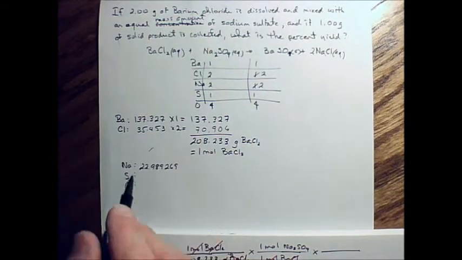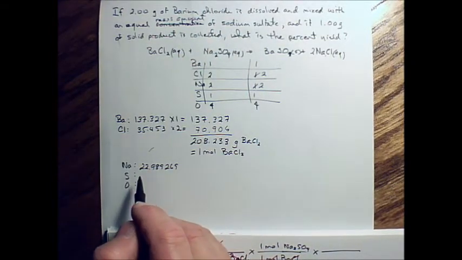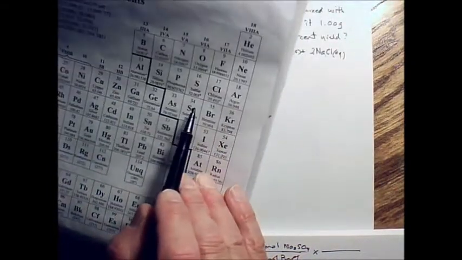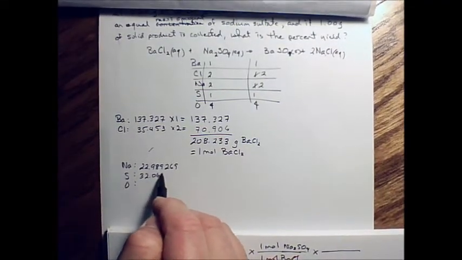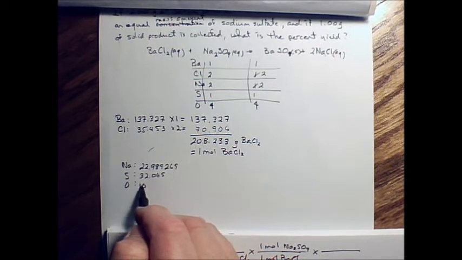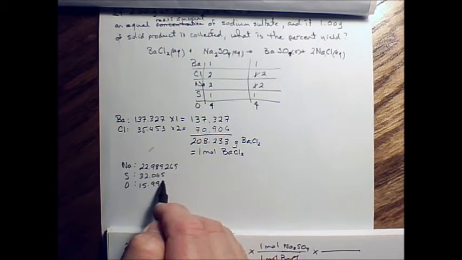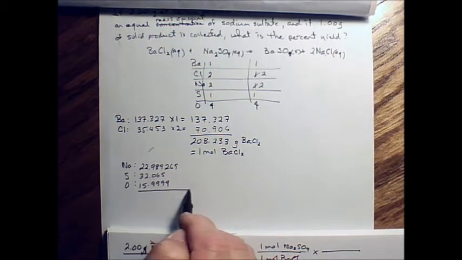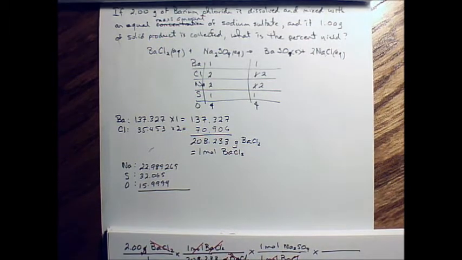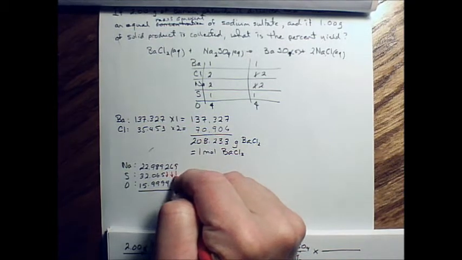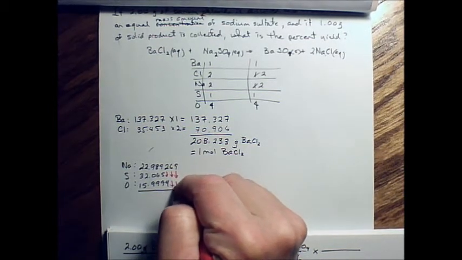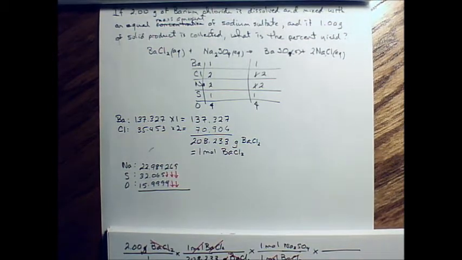And then sulfur, our atomic mass is 32.065. And oxygen is 15.9994. Now in this case, we do have some empty slots. An empty slot here in this column, and an empty slot in these 2 columns here, which means our answer will have to be rounded off.